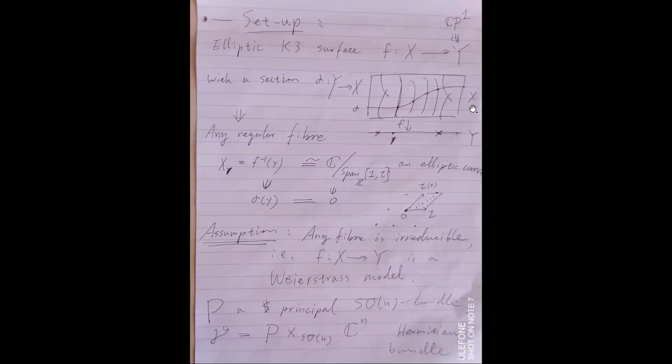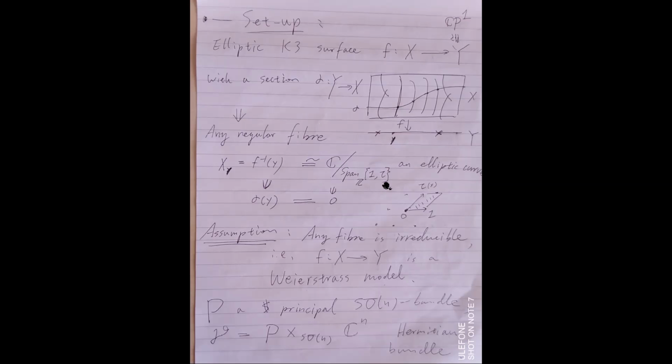So the picture looks something like this: X and Y, and we have a fibration, and we have some singular fibers and smooth fibers, which are elliptic curves, and we have a section. So for any regular fiber, actually it's a torus, an elliptic curve.